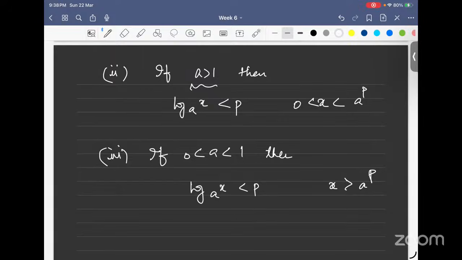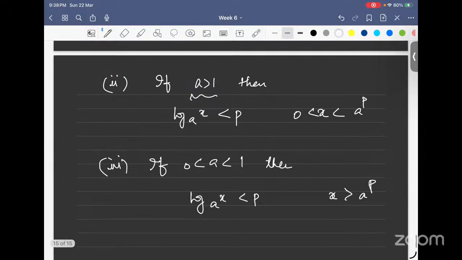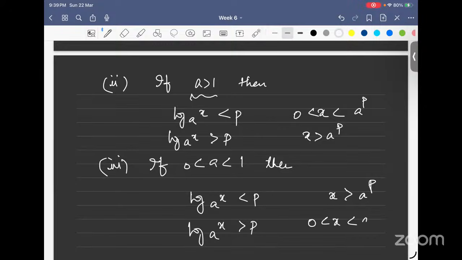I hope this is clear to you guys. And if it was given as log of x base a greater than p, then you will write it as x from 0 to a to the power p.